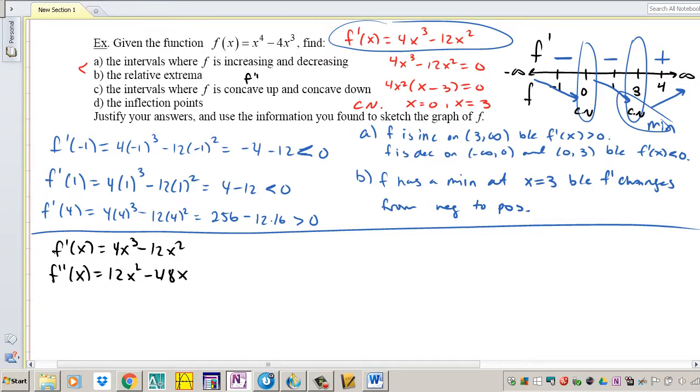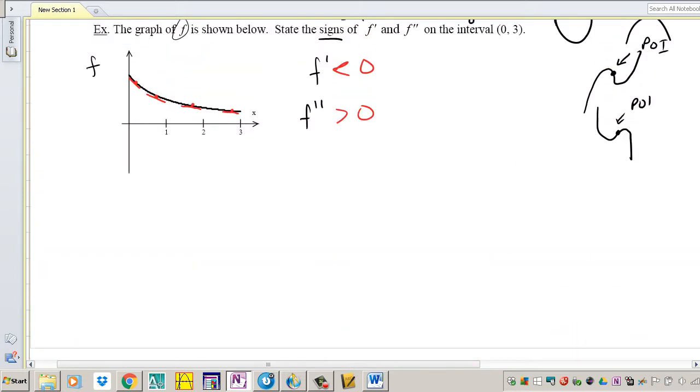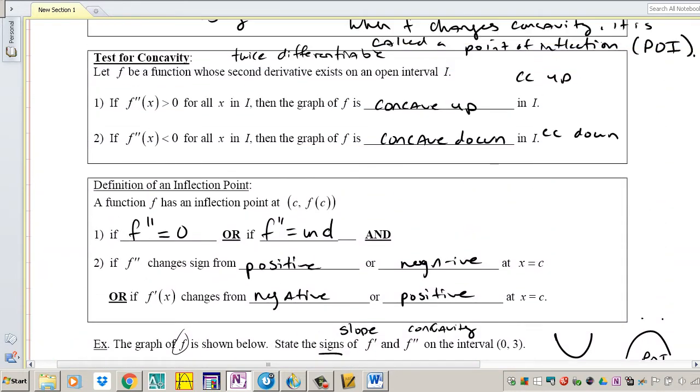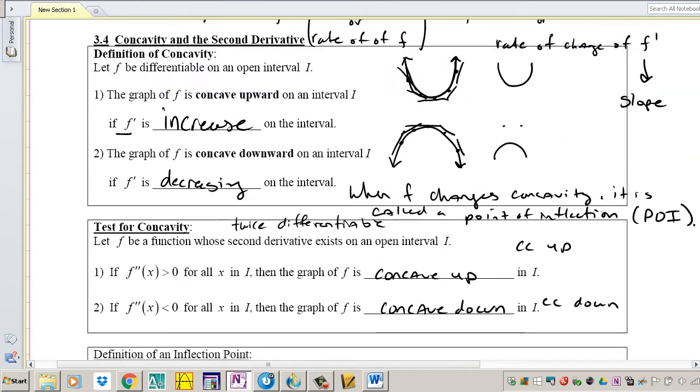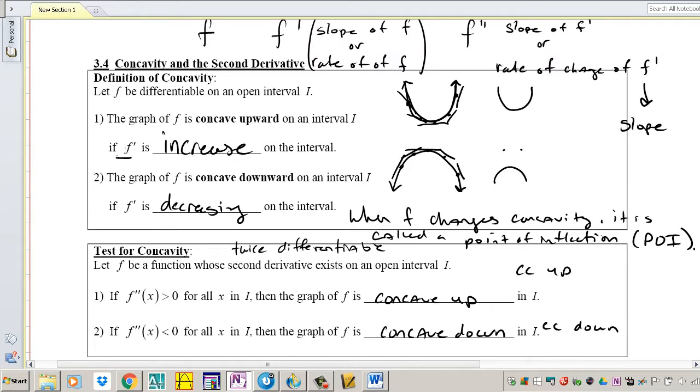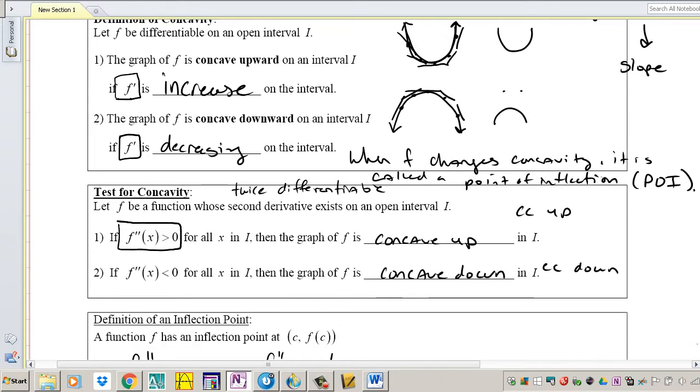Now if we go back to our definition of concavity, concavity means that if the derivative is increasing, then the second derivative is positive. And if the derivative is decreasing, then that means that my second derivative is negative.